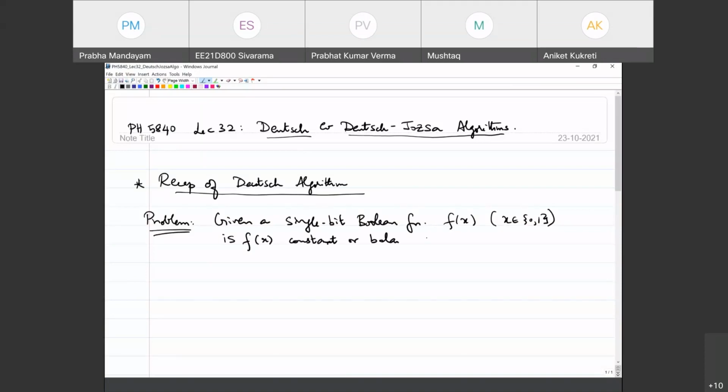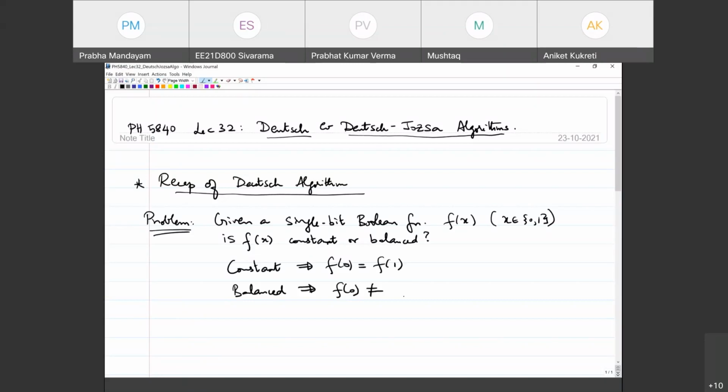That's the question. Constant would imply that f of 0 is equal to f of 1, and balanced would mean that f of 0 is not equal to f of 1.